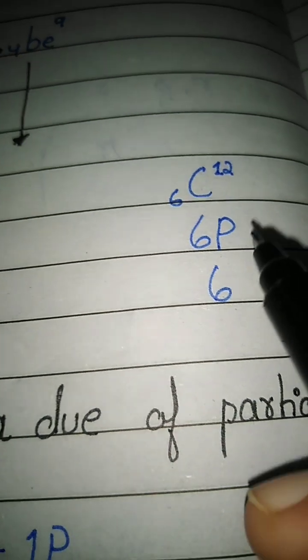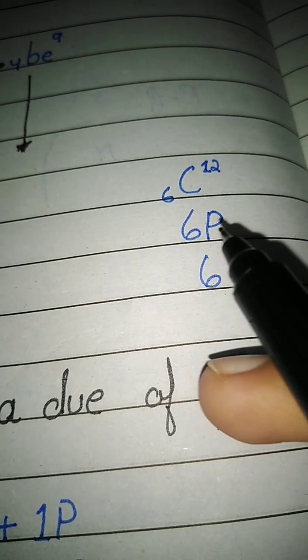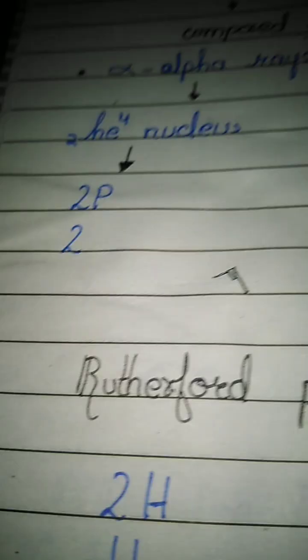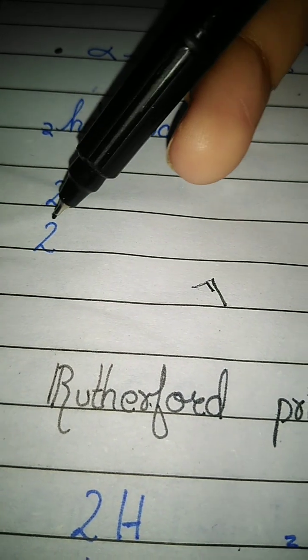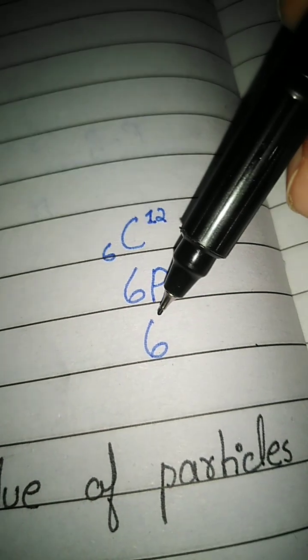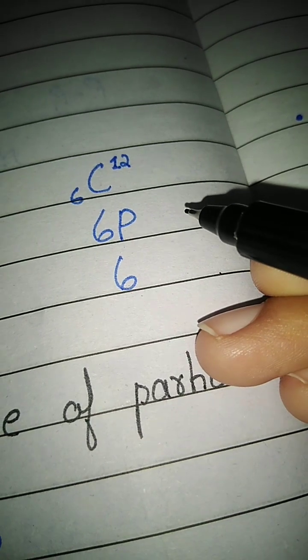That proves that the carbon atom must consist of 6 protons and 6 individual particles. But here, when 2 is added to 5, the answer is 7. So where is the other particle or other individual part?